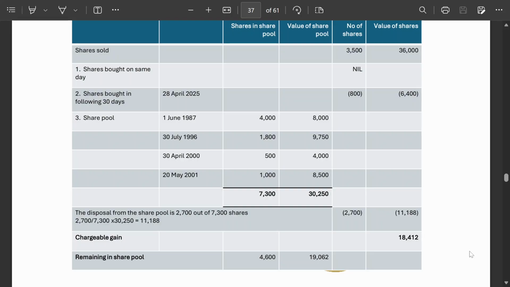What is remaining is 4,600, which is 7.3 minus 2.7, and the remaining value is 30.25 minus the 11,188. That gives you this one. So you make a note of what is left in the 104 holding, how many shares and at what value. Is this clear? Okay.